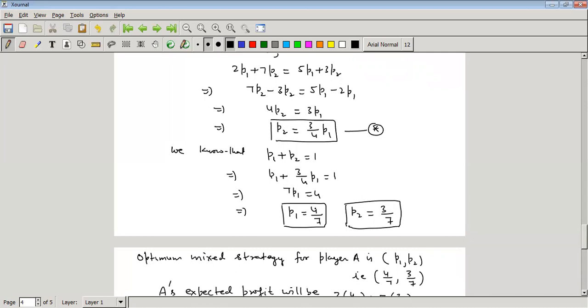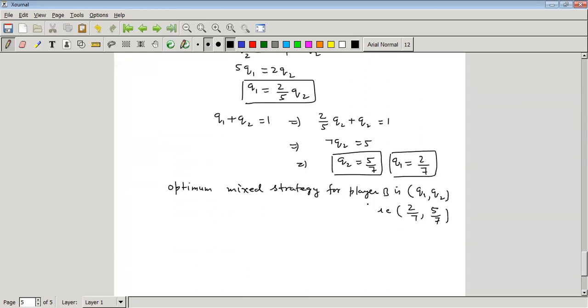It means out of 7, 4 times he will follow the first strategy, and 3 times out of 7 the second. In terms of percentage, around 55 to 60% of the time player A plays this game with the first strategy, and around 40% of the time player A plays with strategy 2, right?